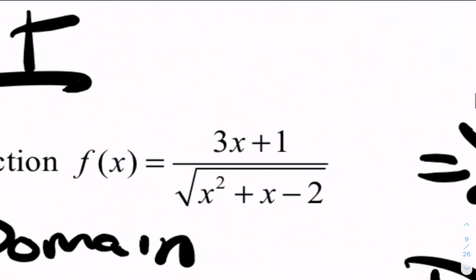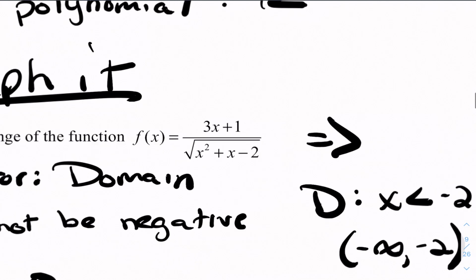And so that makes you look at this function again and ask yourself, what happens when we're plugging in really large numbers? So in the numerator, if you picked a number, let's say 1,000,000, 3 times 1,000,000 plus 1, that plus 1 doesn't really do much. Likewise, if you have 1,000,000 squared plus 1,000,000 minus 2, those other terms don't really influence what we are looking at.